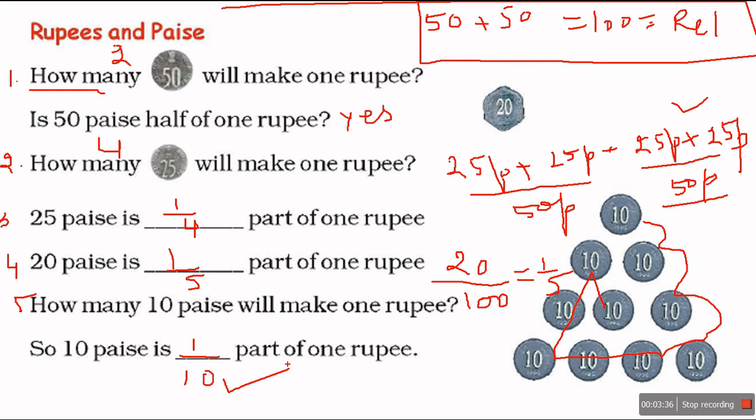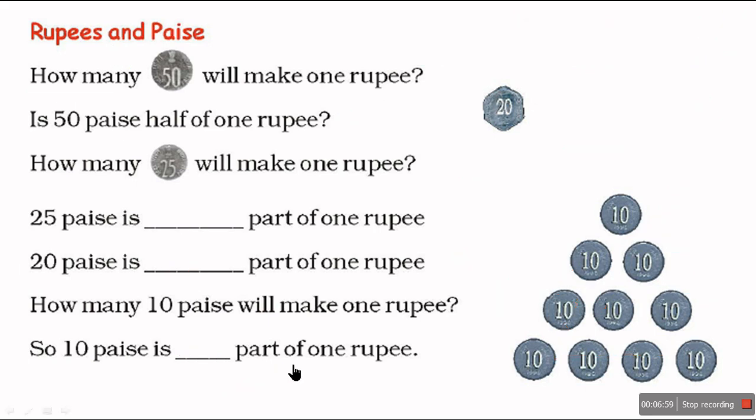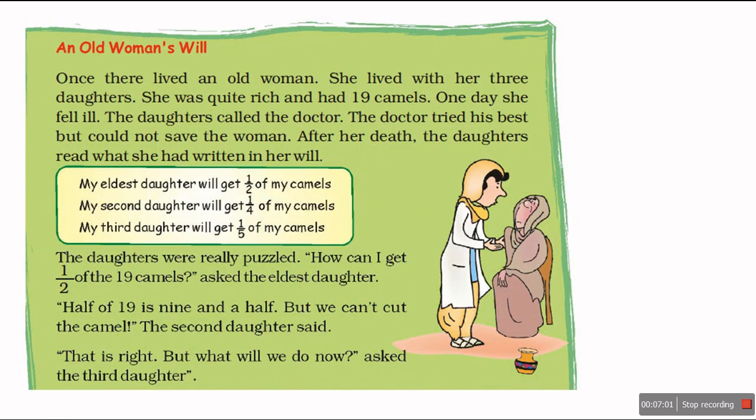Okay. Let us move further. An old woman's will. Once there was an old woman. She was living with her 3 daughters. And she was quite rich because she had 19 camels. And one day she fell ill. The daughters called the doctor, but the doctor could not save her life. The woman died.